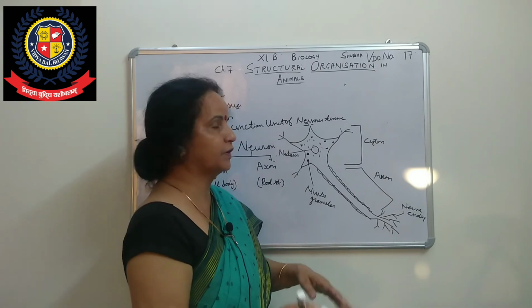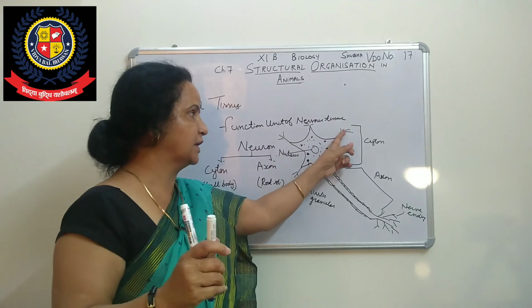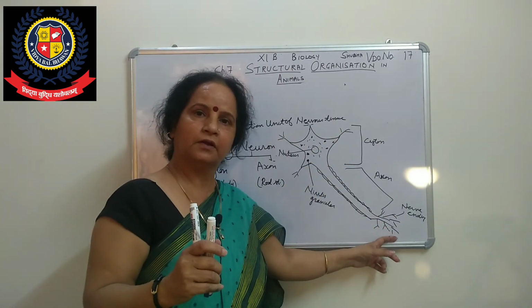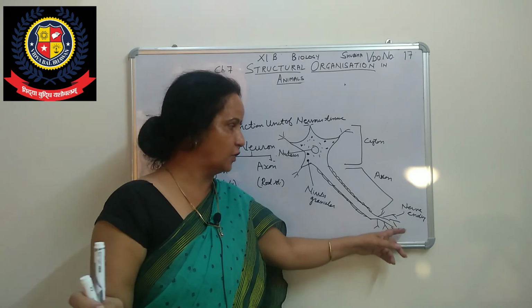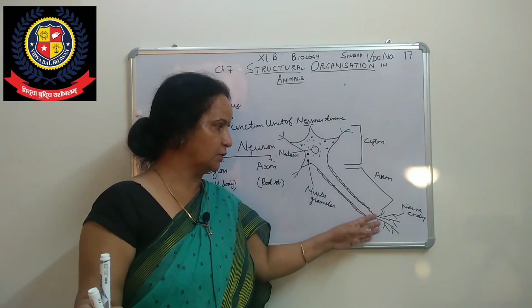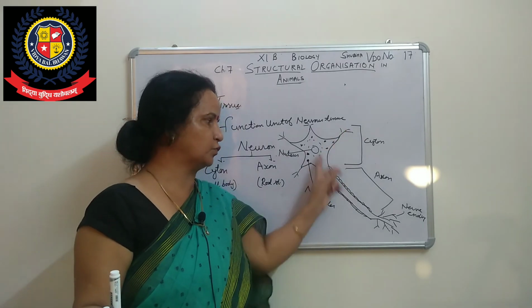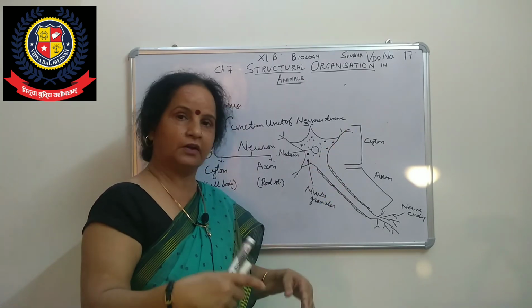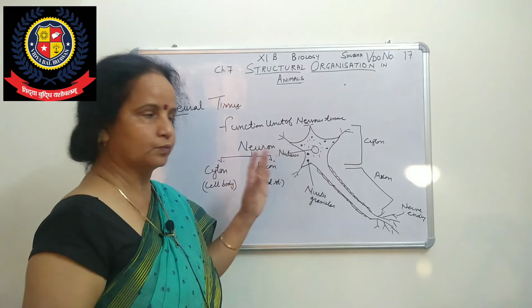So the direction of conduction of the nerve impulse is from dendrite to nerve ending always, so it is called unidirectional. It can never go back. It will not be received by the nerve ending and come back. No, it will be from this to this. We will see this conduction in that chapter in human physiology. For this time, it is enough for you.